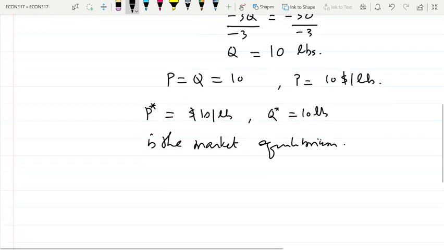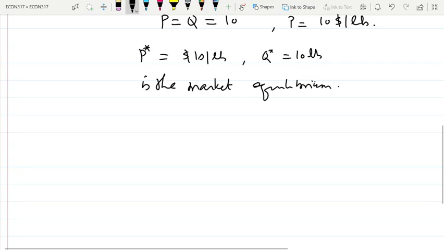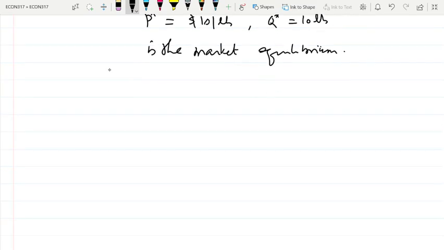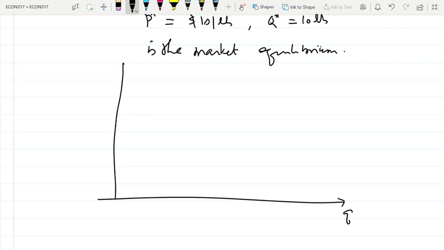We can show this in a graph. Let's now draw the inverse demand and inverse supply. Price is on the vertical axis, quantity on the horizontal. Price is in dollars per pound, quantity is in pounds. The price is 30 minus 2Q, so the vertical intercept would be 30, the horizontal intercept would be 15, and that's the demand function.